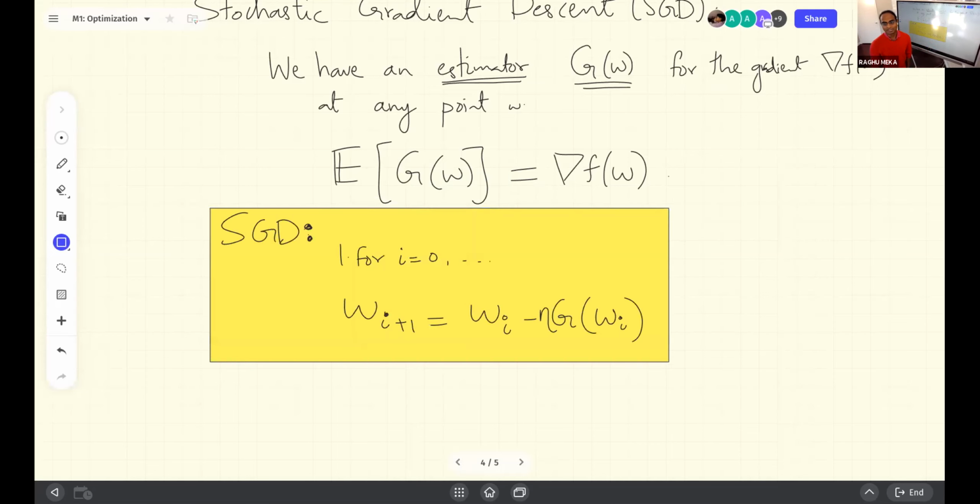That's it. So it's the same thing as gradient descent, but suppose I'm trying to optimize some function f again, and instead of using the gradient exactly, I'm going to use an estimator for the gradient at the current iterate. And now notice that this is a randomized algorithm. This is not a deterministic algorithm, right?